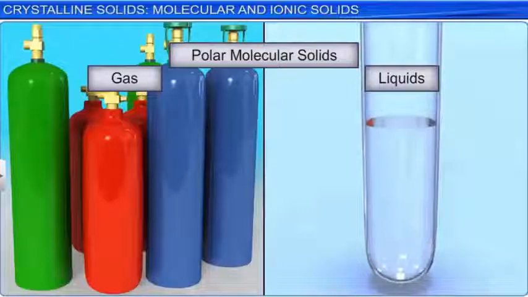In non-polar molecular solids, the constituent particles are either atoms or molecules. The atoms or molecules in these solids are held together by weak dispersion or London forces. As a consequence, these molecules have low melting and boiling points.